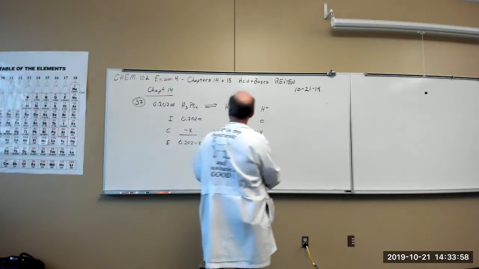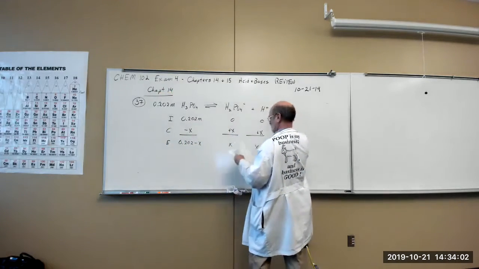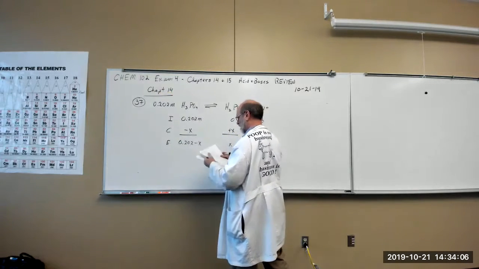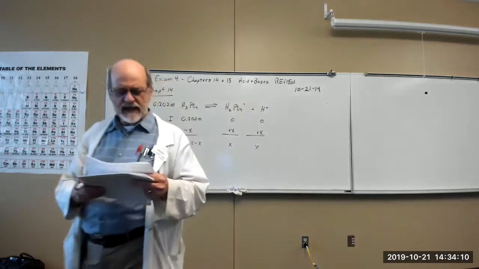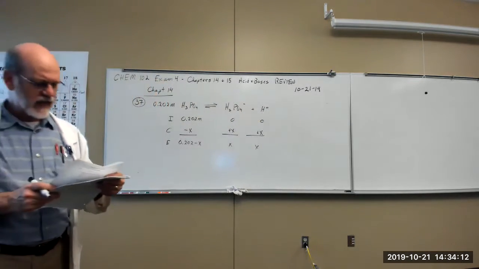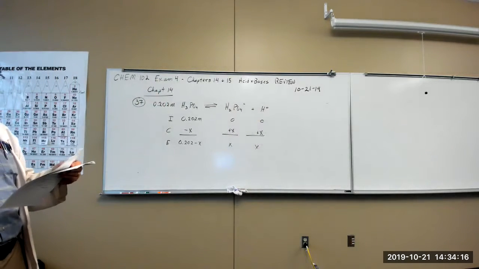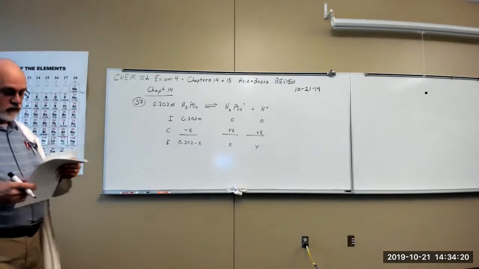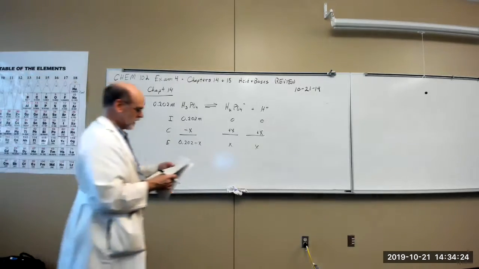All right. So we're given a K value. Notice also that Ka1 is 10 to the minus 3, Ka2 is 10 to the minus 8. That's a 5 order of magnitude difference, so you can ignore the second one, and the third one also.